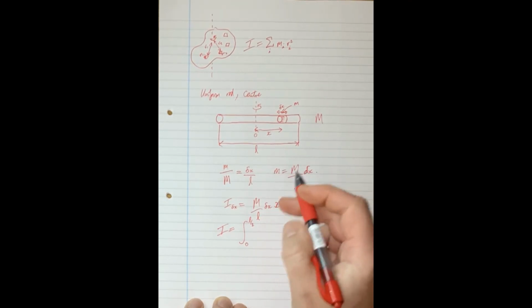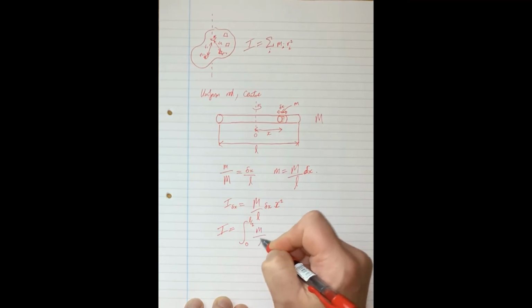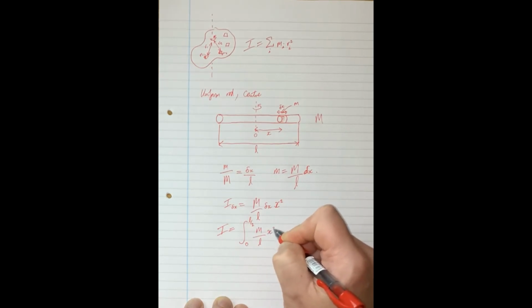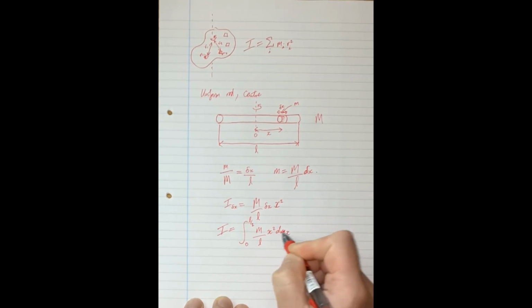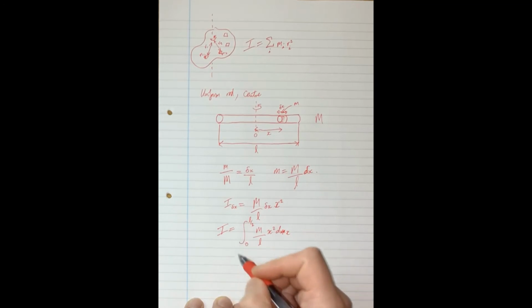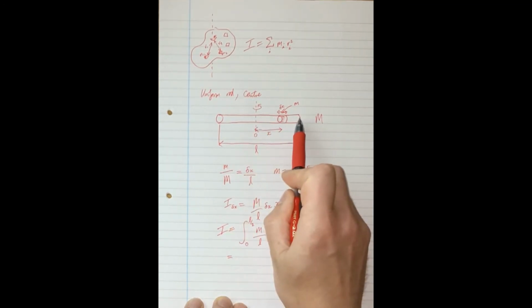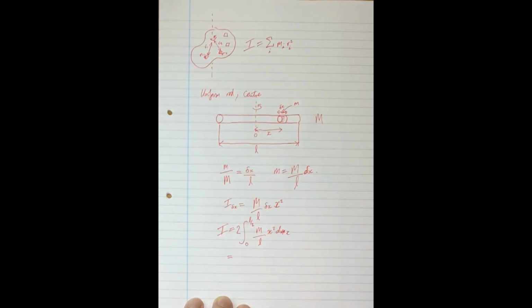We'll turn this into an integral form by integrating in terms of this small x, so in terms of x. The other thing to point out is that this is only finding half of the moment of inertia of this rod, so this would be twice that.